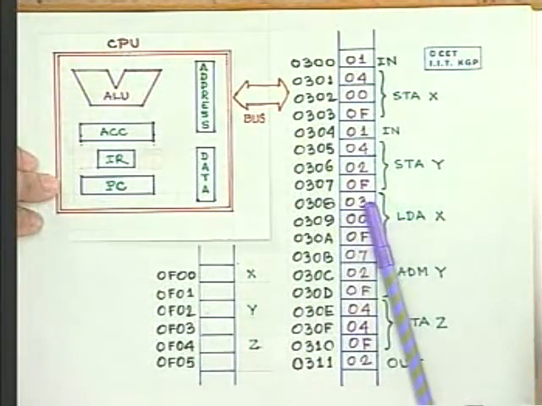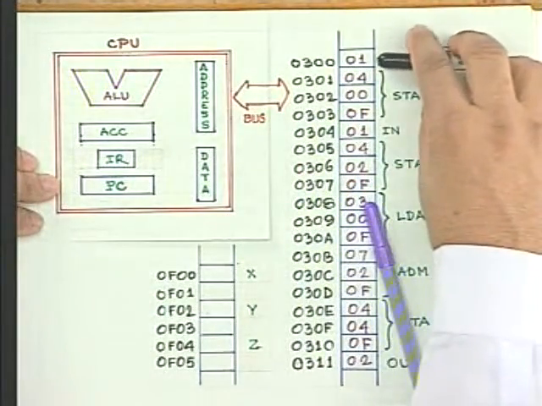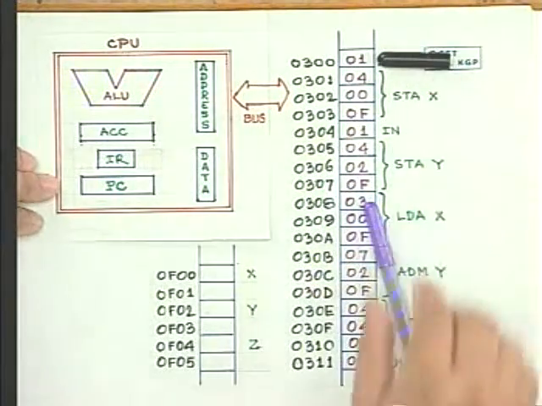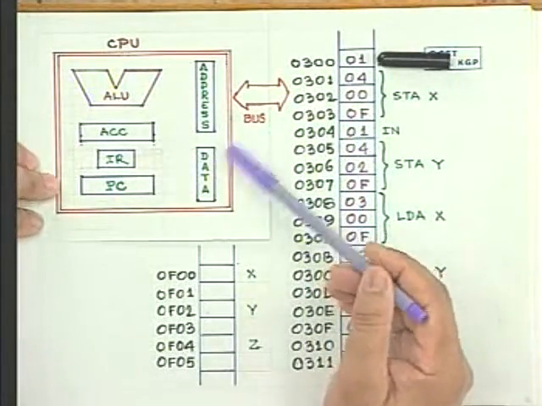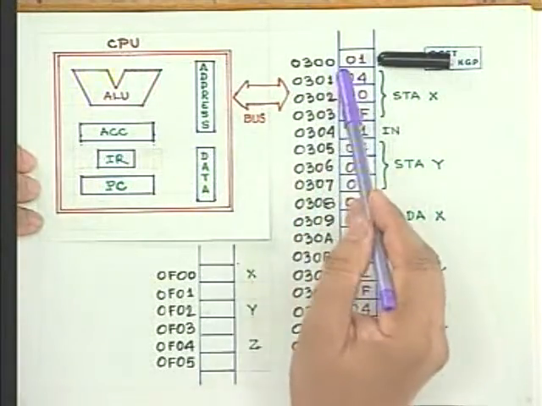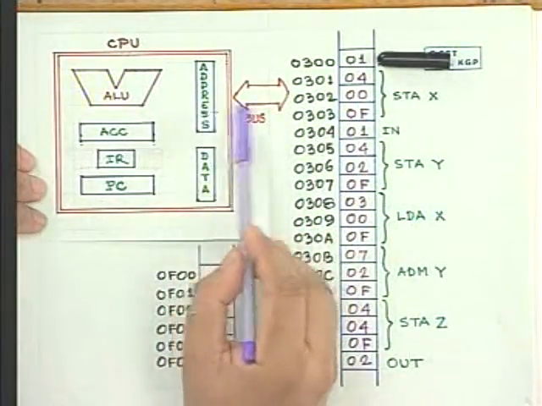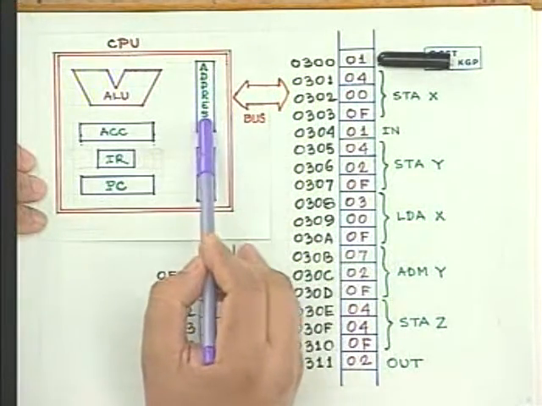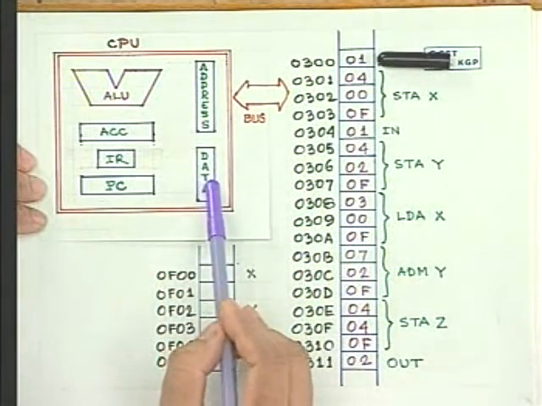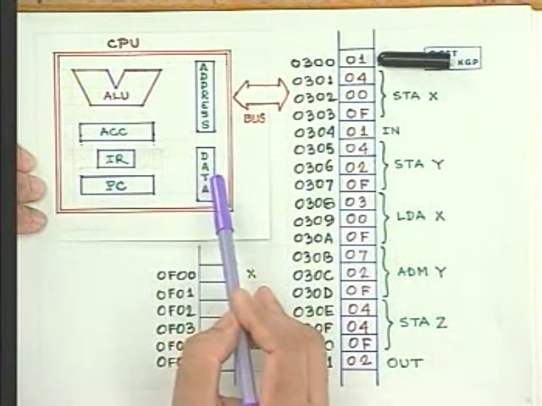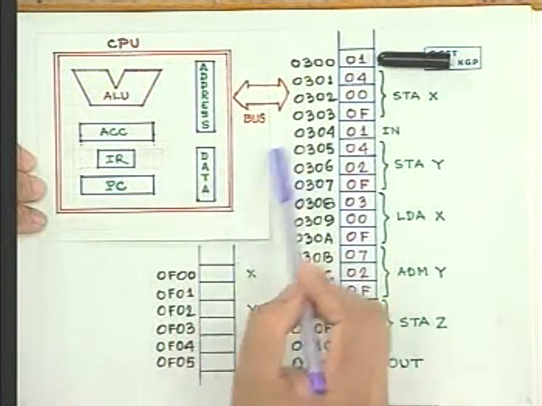Therefore, whenever I say that the content of a memory location is being fetched or written into, we always mean that the address of that memory location will be in the address buffer, and whatever data is passing between the central processing unit and the memory will go through the data buffer.